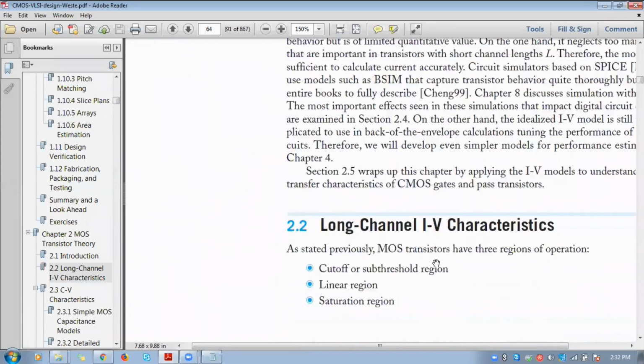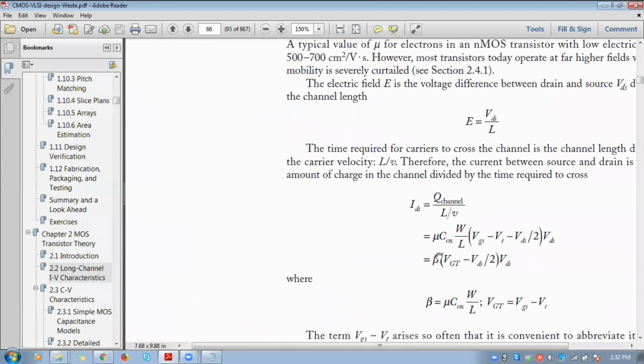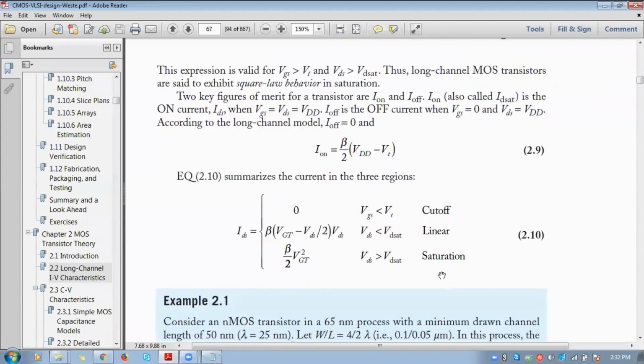And for the output current equation, IDS equals 0 in the cutoff region. In the linear region it will become minus beta into VGT itself. VDS has to be mentioned as minus VDS, so it will become plus VDS by 2.